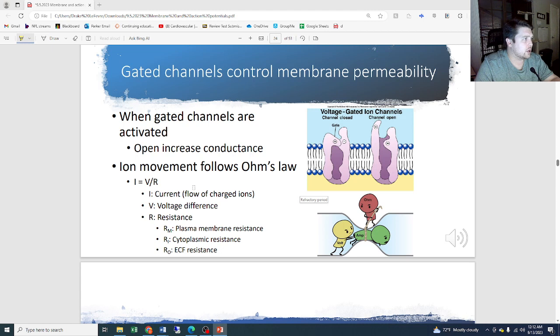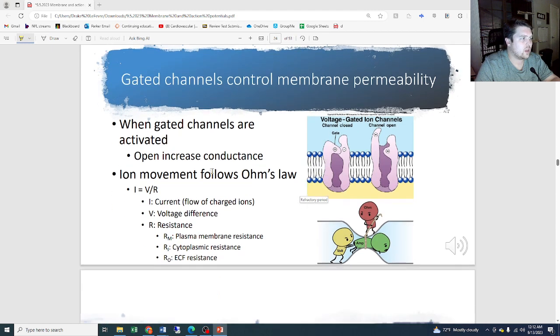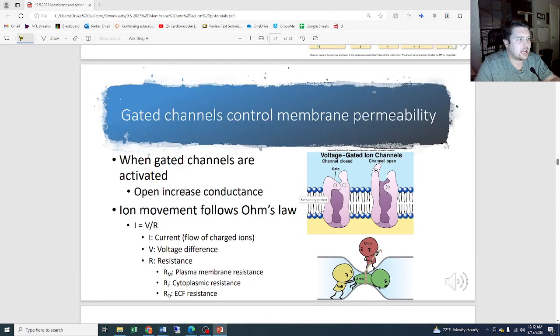We did talk about current, though. So when these channels open, you can think of it like a light switch. When you flip a light switch, it connects the different ends of the wire to allow electricity to flow through, which then allows the outlet or the light or whatever it is that you're turning on to receive the electricity and to be powered.